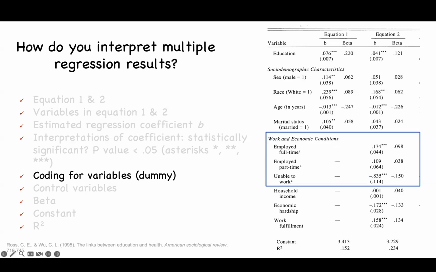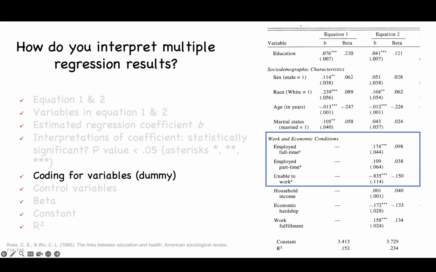In this case, the category is not employed. Three dummy variables are put in model 2 to describe the work status. Each of them is coded as 1 or 0, depending on whether or not the person is in that particular status. So if the participant is employed full-time, that participant will be coded as 1.